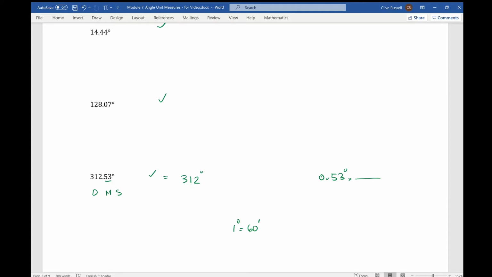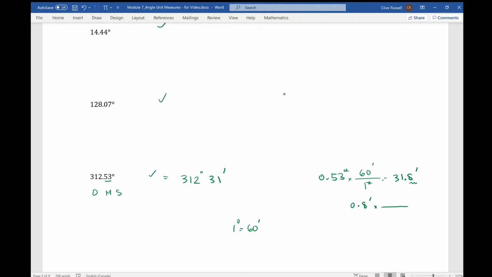So degrees in the numerator, so we have 1 degree there and 60 minutes there. The degrees go. We multiply our 0.53 by 60, and we get 31.8. So 31.8, and this now has to be minutes. So we take the 31 minutes, we put there, and now we're left with 0.8 of a minute, and we have to convert that to seconds.